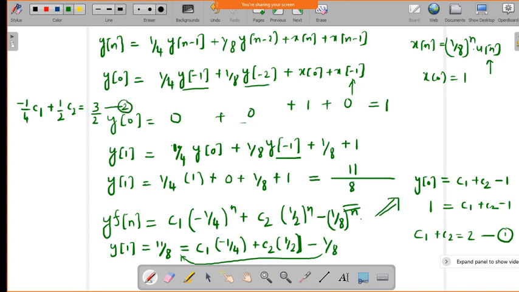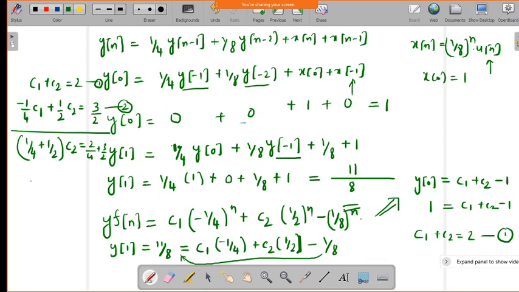So this first equation and second equation you solve, and try to get the values of C1 and C2. So C1 plus C2 equal to 2 is the first equation. Solve for C1 and C2. If you multiply equation 1 by 4, the C1 terms will cancel each other. If you add the two equations, you will get 1 by 4 plus 1 by 2 into C2, which is equal to 1 by 2, that is 2 by 4, plus 3 by 2.